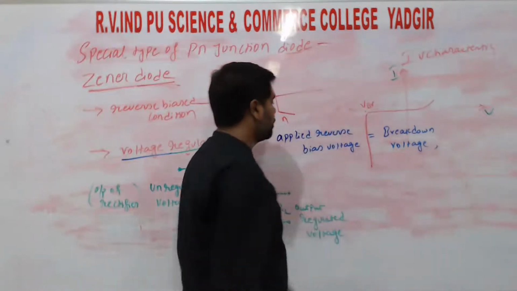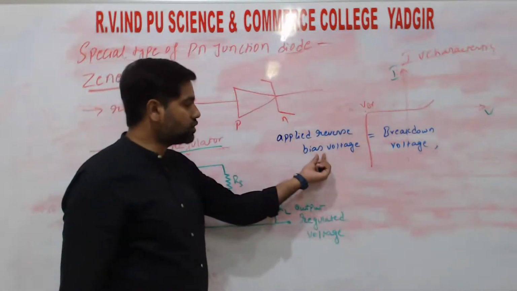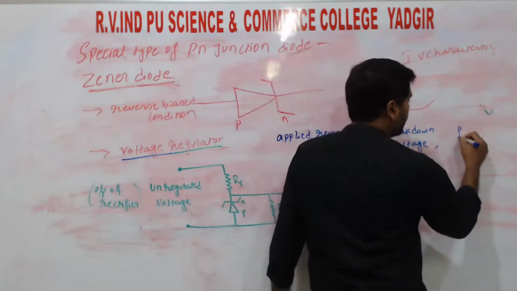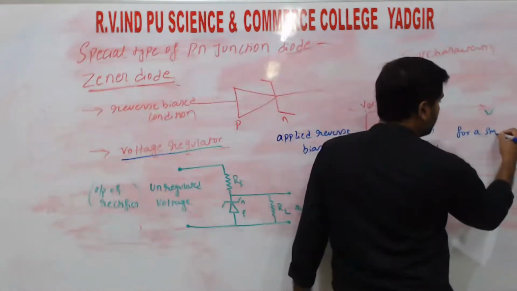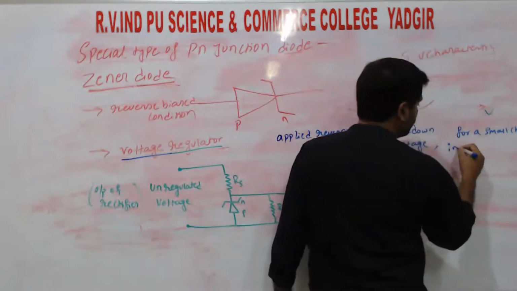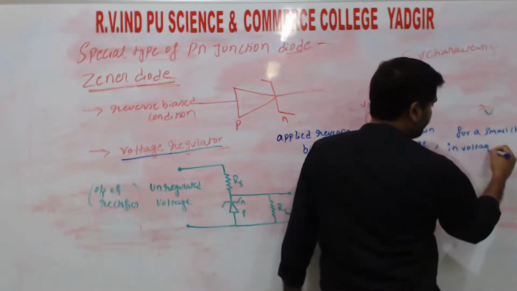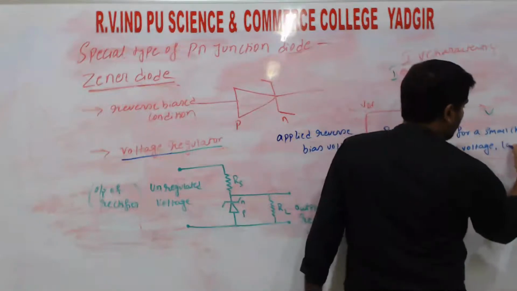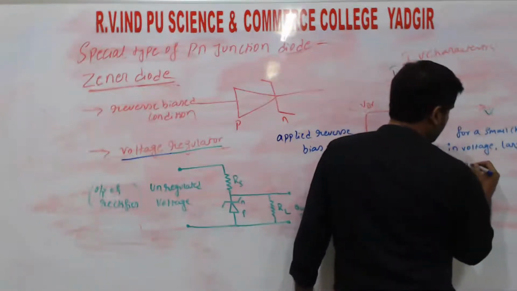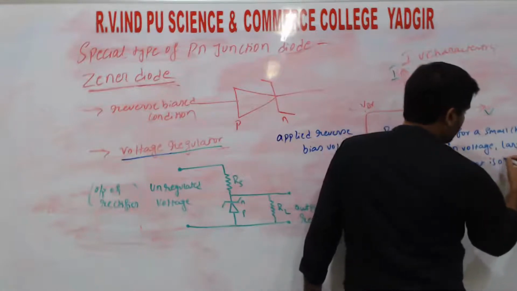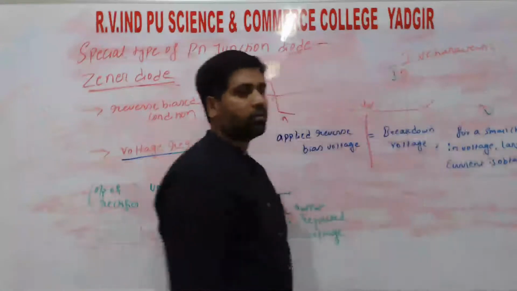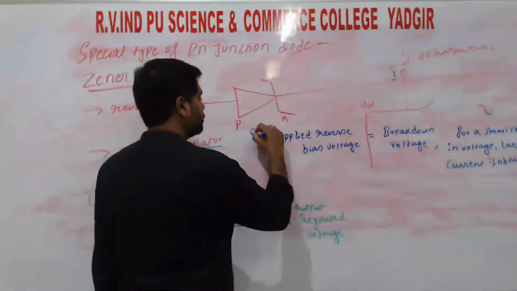So what happens when the applied reverse bias voltage is equal to the breakdown voltage? For a small change in voltage, a large current is obtained. So this is the principle.